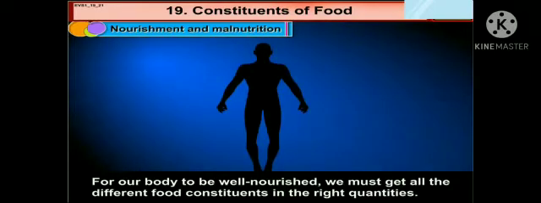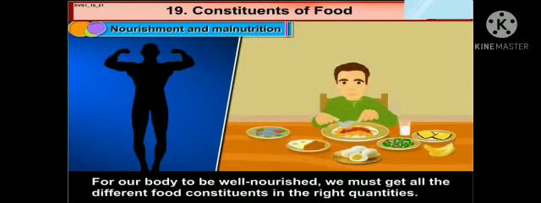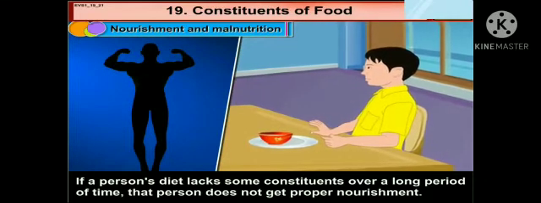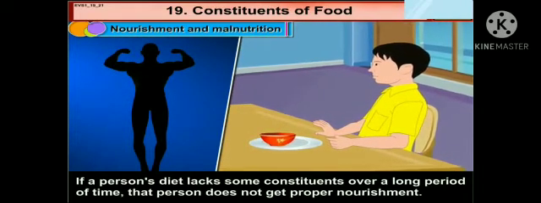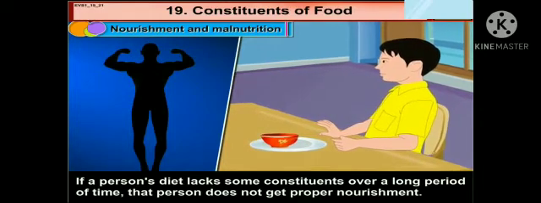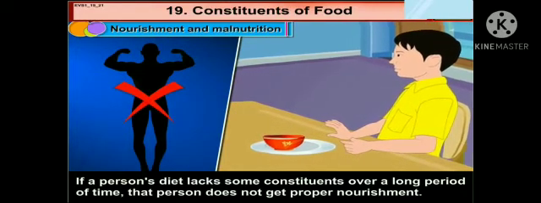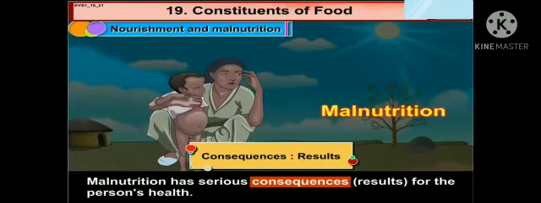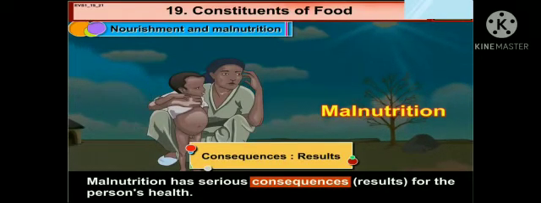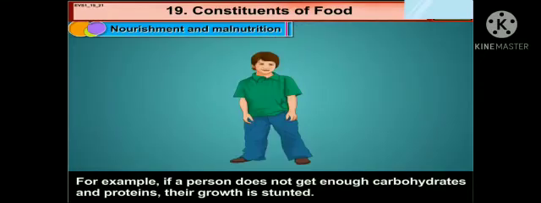Let us see about nourishment and malnutrition. For our body to be well nourished, we must get all the different food constituents in the right quantities. If a person's diet lacks some constituents over a long period of time, that person does not get proper nourishment. Malnutrition has serious consequences, that is results, for the person's health.